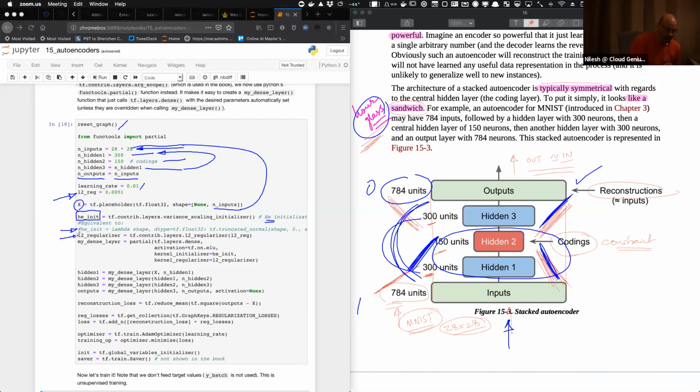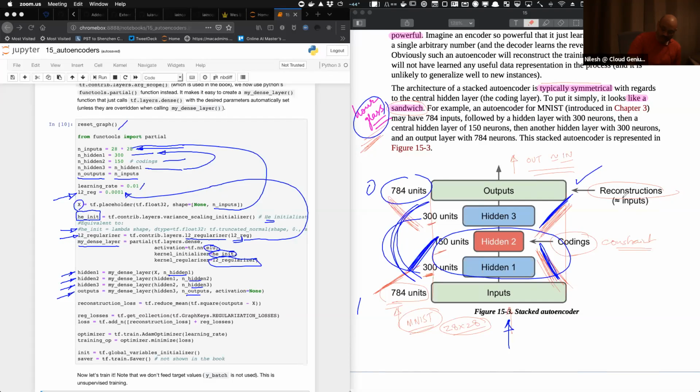We are setting L2 regularization, calling this function here with a parameter that we are passing, which is this value here. And then creating a dense layer, calling out our ELU function, He initializer, L2 regularizer, and then creating our layers, hidden 1, hidden 2, hidden 3, and output layer, based on what we chose in these examples.